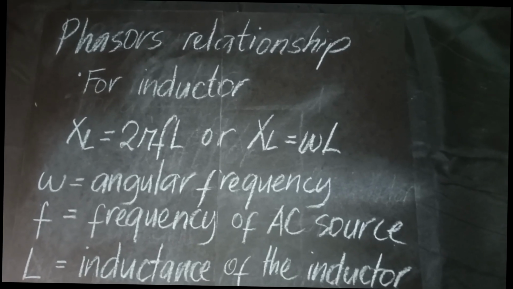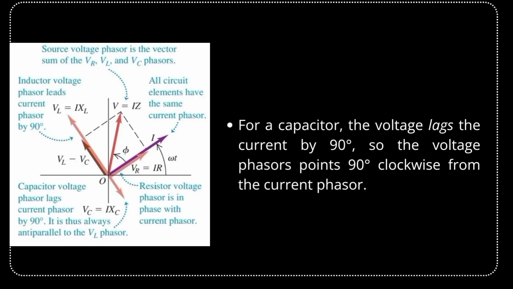And the last one is the capacitor. The voltage lags the current by 90 degrees. So the voltage phasor points 90 degrees clockwise from the current phasor.